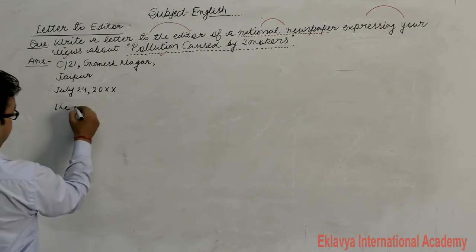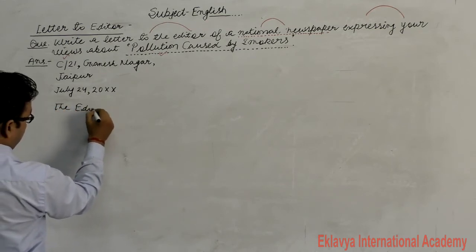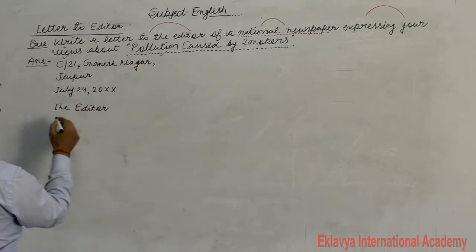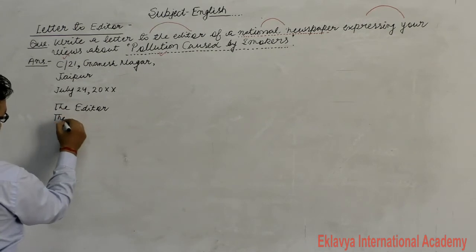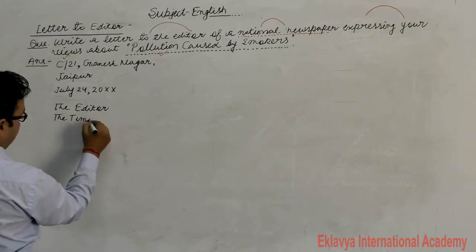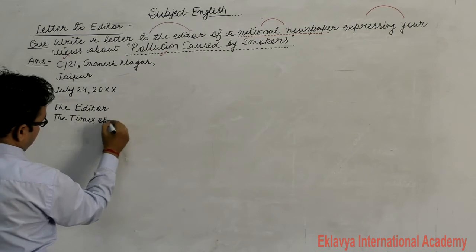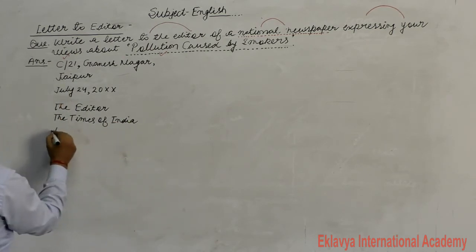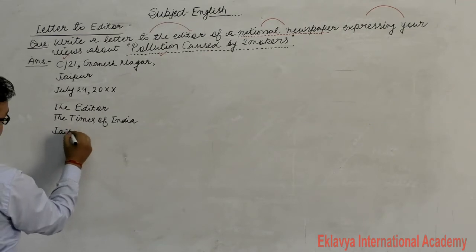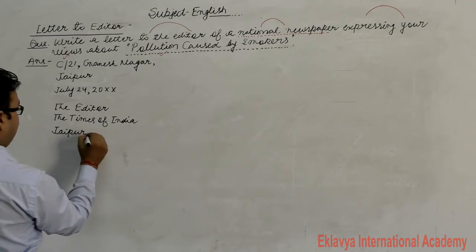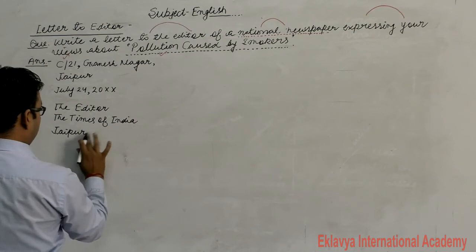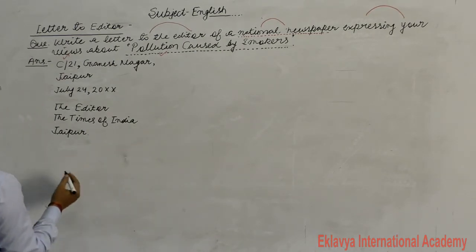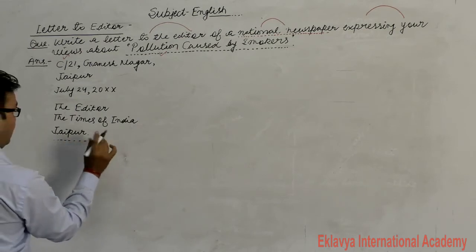Okay, students, receiver's address: the editor, national newspaper, the Times of India, Jaipur. Then one line space. Then what should we mention? One line space.